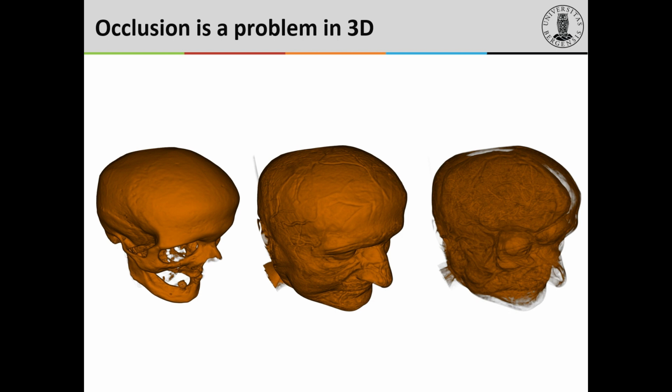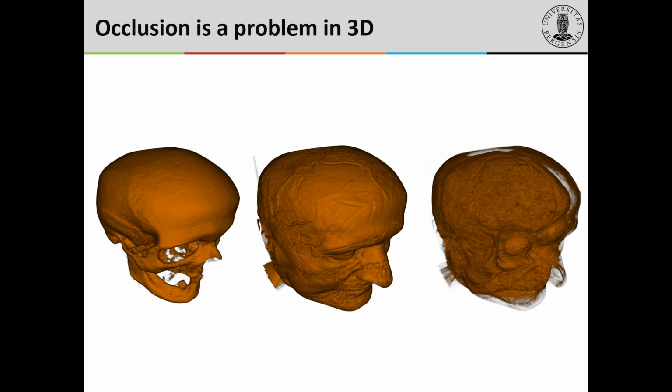So, when you want to visualize three-dimensional data or volumetric data, occlusion is often a problem. Volumetric data are data values, let's say in a three-dimensional array in a volume, right? And these values you can classify as different structures of your scanned object.